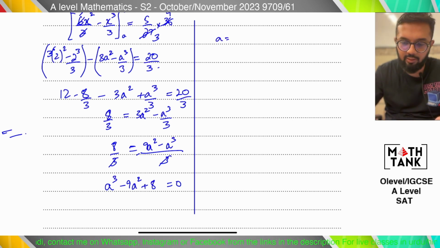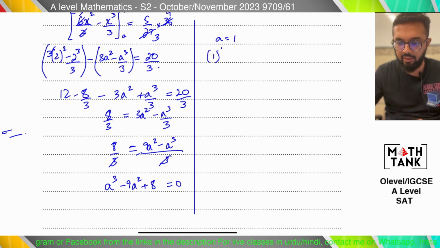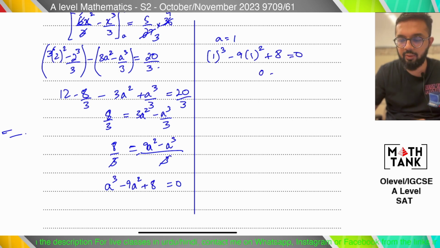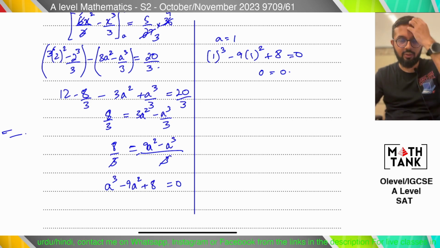I have a equals 1 as a factor. So I first do trial and error and show you the first factor that's working out. 0 equals 0. Then I use a equals 1 to factorize this expression.